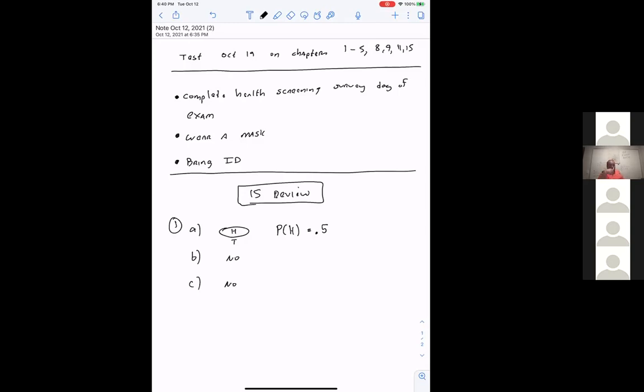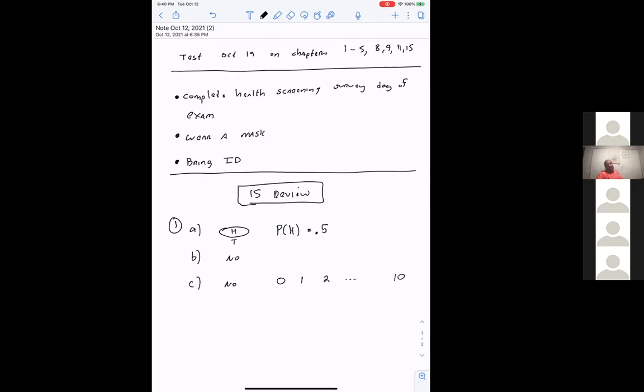And the reason is as follows. If you flip a coin 10 times, what are the possible numbers of heads? 10? No, that's not 10, it's actually 11. Because you can have 0 heads, 1 head, 2 heads, all the way through 10 heads, correct?